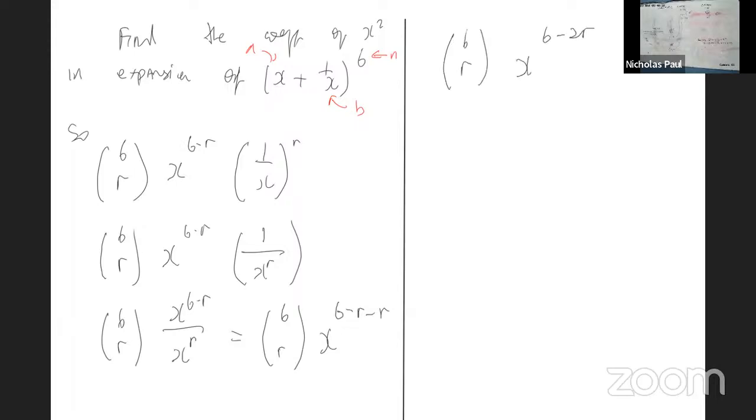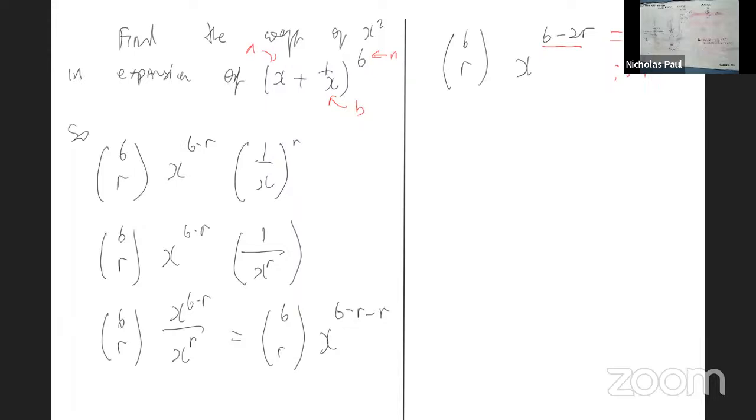Here we have to figure out now. We would like this value here to be equal to 2. So what does R have to be? What does R have to be for that to be 2? Good job, done.